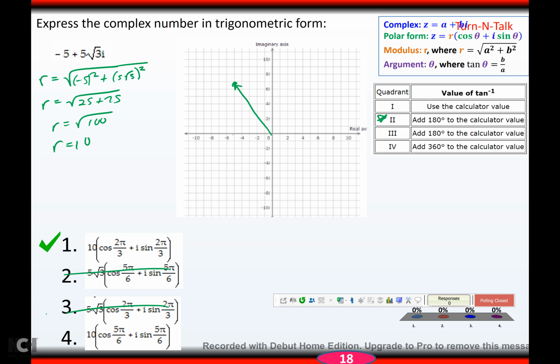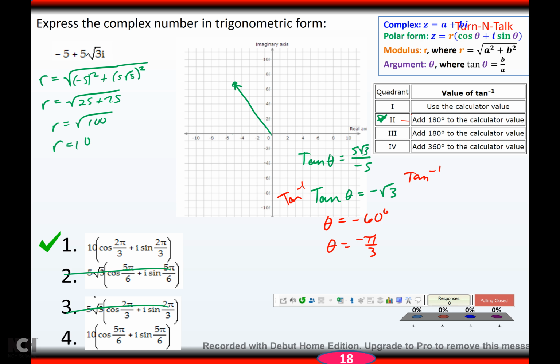And then to get my theta, I'm going to do tan theta equals b over a, which gives me tan theta equals negative square root of 3. So if I arctan this, I know square root of 3 is in the unit circle, so I'm going to go back to degrees and arctan this, and I get theta equals negative 60 degrees, which in radians is negative pi over 3.